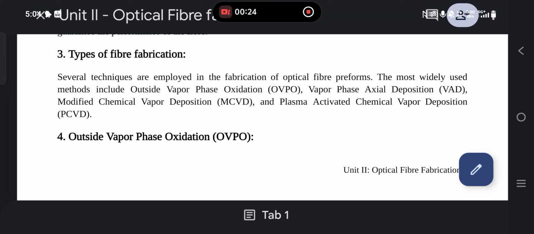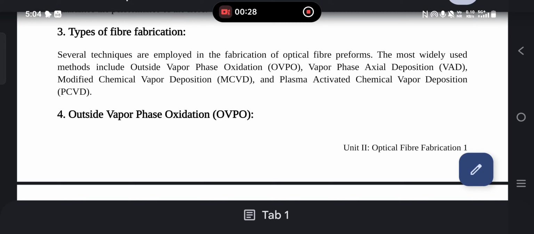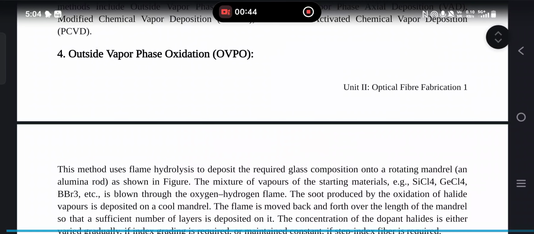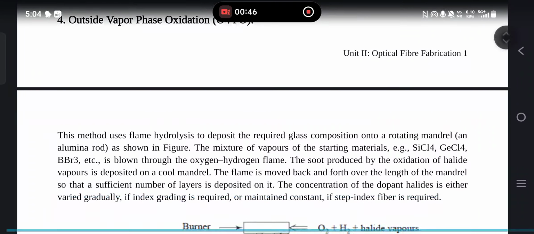The most widely used methods include outside vapor phase oxidation, vapor phase axial deposition, modified chemical vapor deposition, and plasma activated chemical vapor deposition. Now let us see the outside vapor phase oxidation technique.